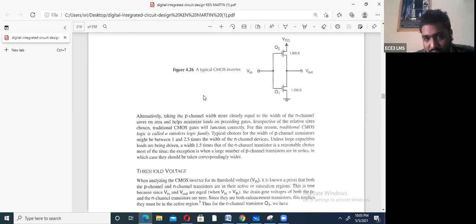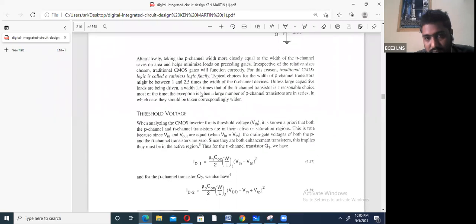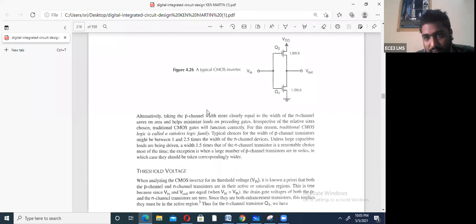The ratio is taken to get a symmetrical output. That is one difference. In the pseudo NMOS inverter, the ratio of W by L P to W by L N equals 2, but here the ratio is 1.5.